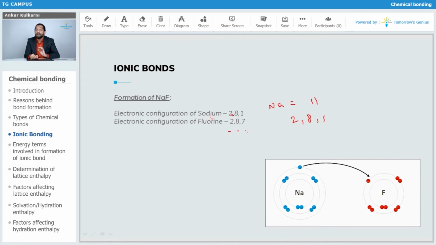Correct? Now, if we talk about valence electrons, what are valence electrons? The valence electrons are the electrons situated in your valence shell. What is the valence shell? The valence shell is the outermost shell of your atom. Remember one thing: bond formation takes place between the outermost orbitals, and the inner orbitals will not take part.